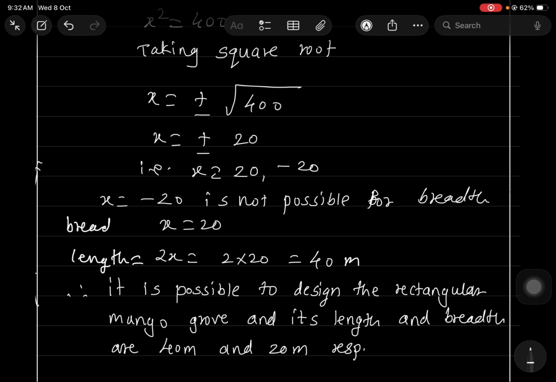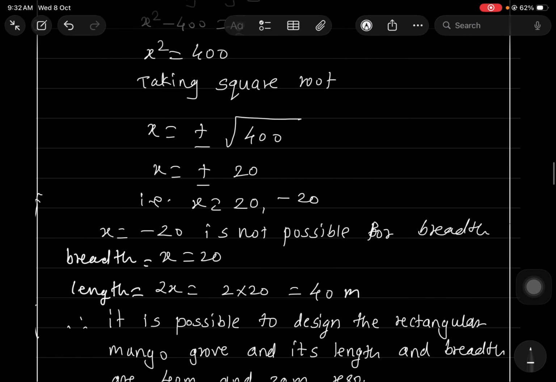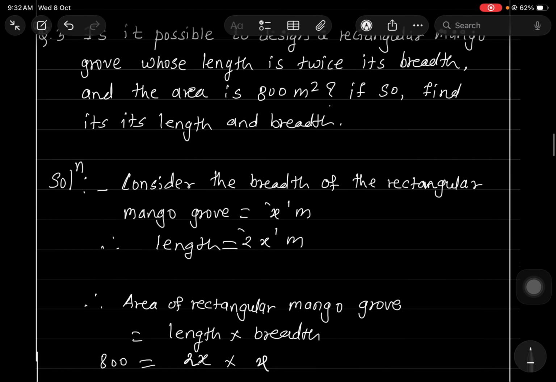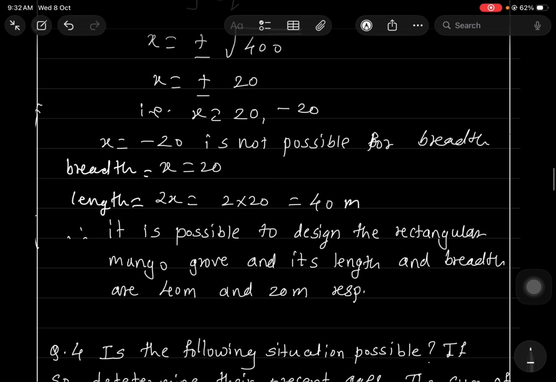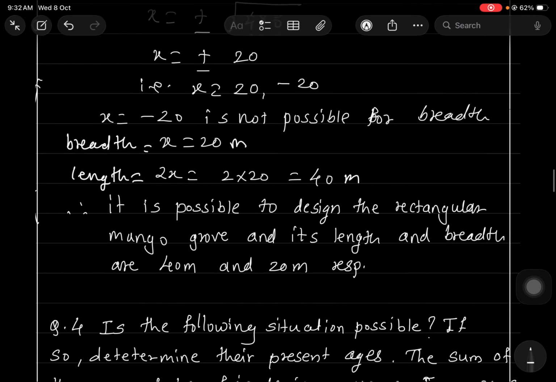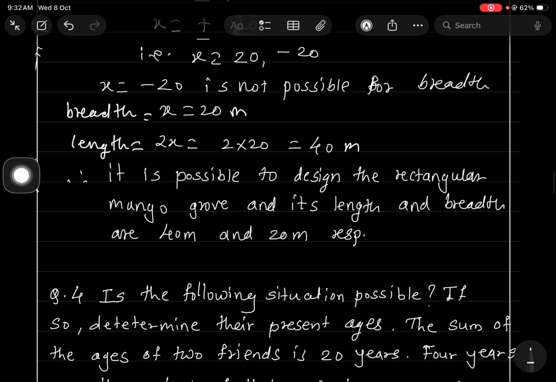So 40 meter is the length and x is the breadth. The area is in meter square, and the breadth is in meters. So it is possible now. The breadth is 20, and the length is always greater, it is 2x, so this condition is also satisfied.